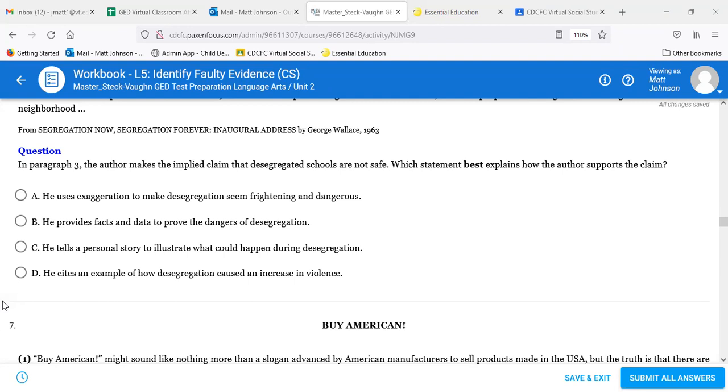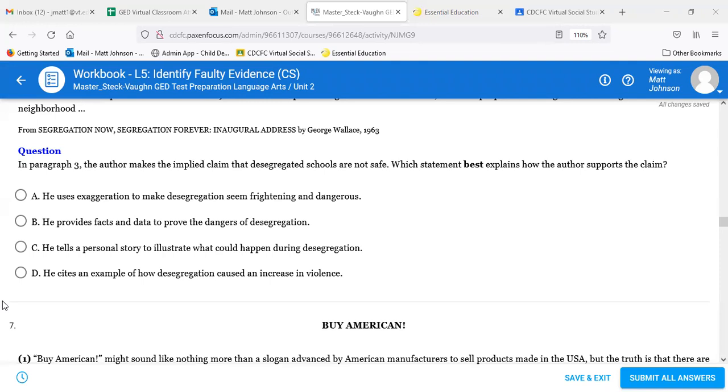A, he uses exaggeration to make desegregation seem frightening and dangerous. B, he provides facts and data to prove the dangers of desegregation. C, he tells a personal story to illustrate what could happen during desegregation. Or D, he cites an example of how desegregation caused an increase in violence.